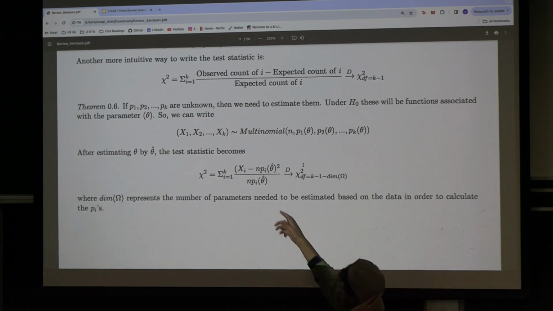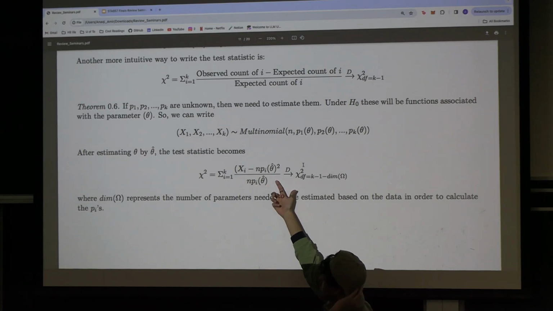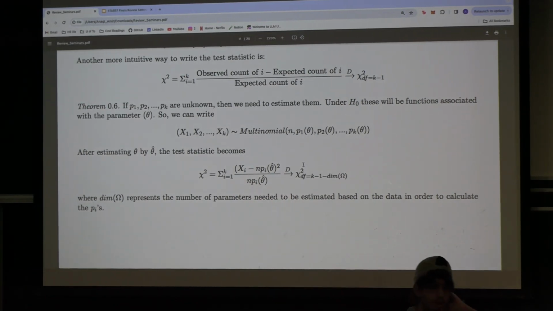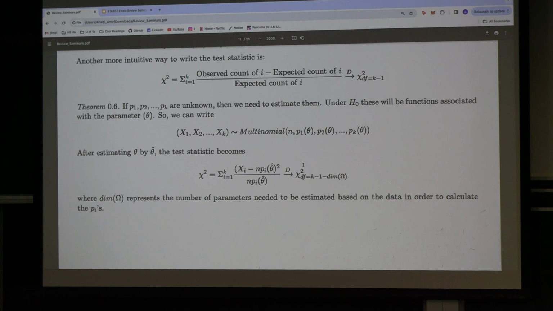One thing you have to notice is that because you're actually estimating the parameters, you're taking up some degrees of freedom. So the degrees of freedom does reduce by whatever the dimension is for your parameter space, right? So if your parameter space has dimension 4, then your degrees of freedom would reduce by 4. Cool.